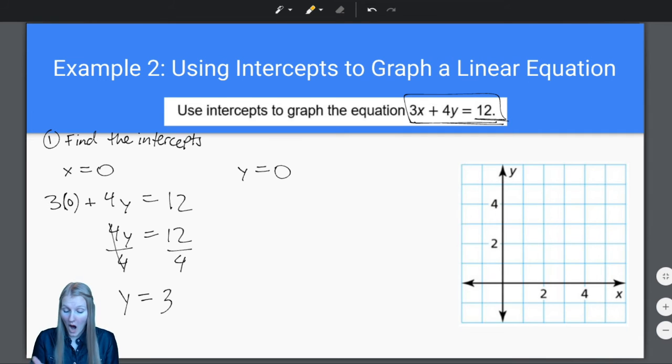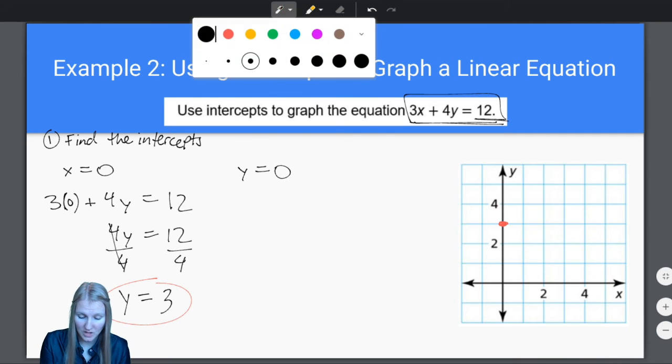So my y-intercept should be at 3. And in fact, let me graph that in red so it's easier to see. Y equals 3 is going to go at 3 on the y-axis, because the y-intercept is where the graph crosses the y-axis. Okay, perfect. Let's do the next one.